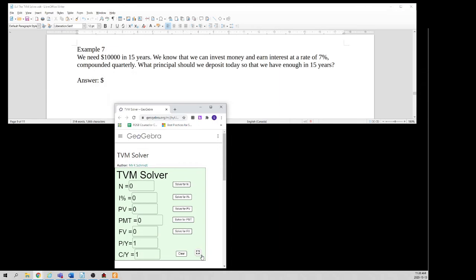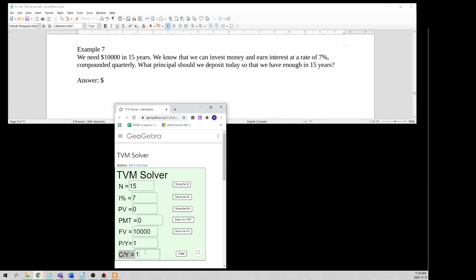Example 7. We need $10,000 in 15 years from now. We know that we can invest money and earn interest at a rate of 7% compounded quarterly. What principal should we deposit today so that we have enough in 15 years? So we know our interest rate is 7. The present value is what we don't know. That's what we're going to solve for. The future value is going to be that positive $10,000 that we get to take out of the bank and put back into our wallet.